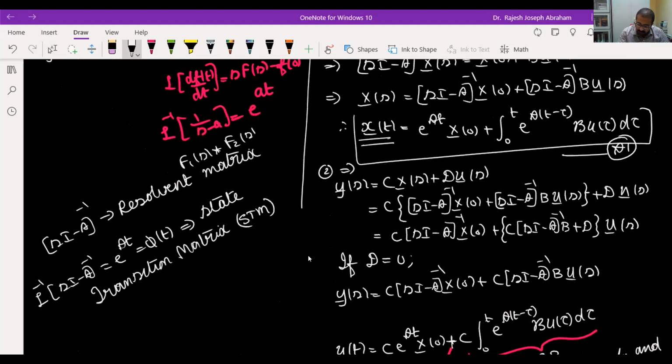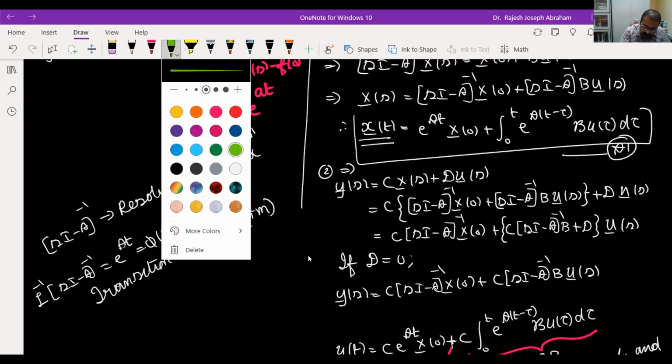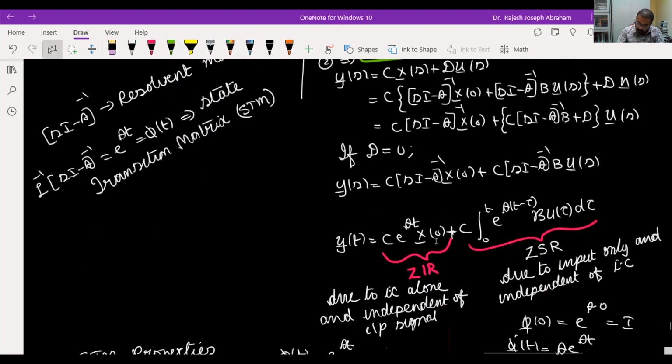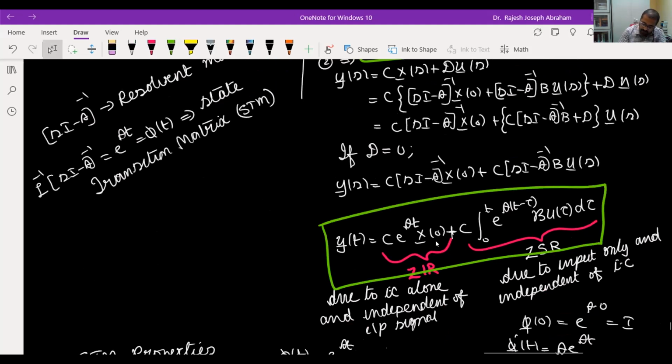Okay, e raised to at x naught plus integral 0 to t e raised to a (t minus tau) b u of tau d tau. And what is the output? Output is nothing but everything into the C matrix.